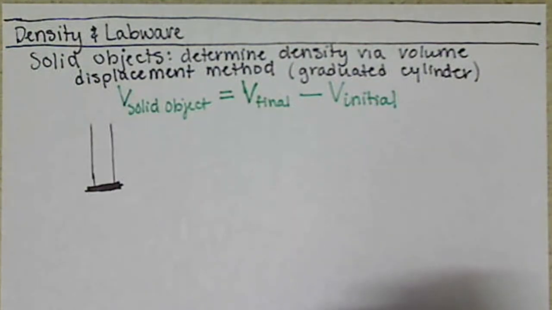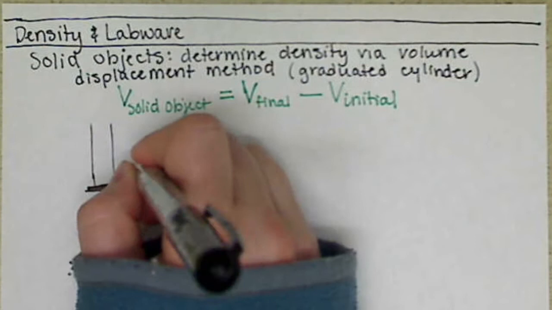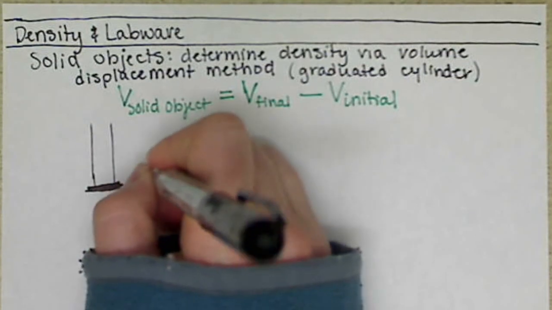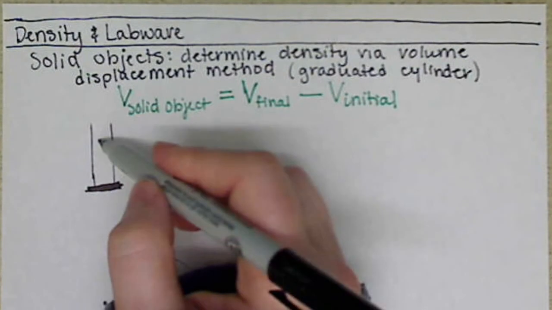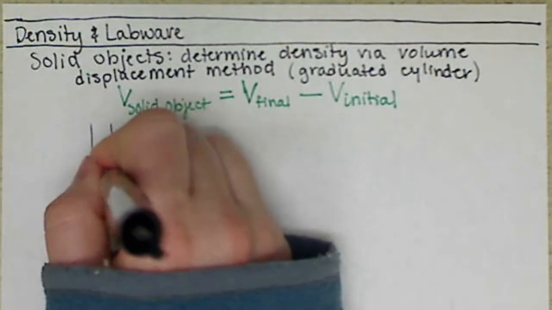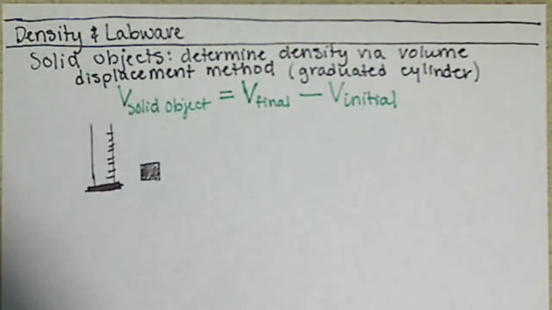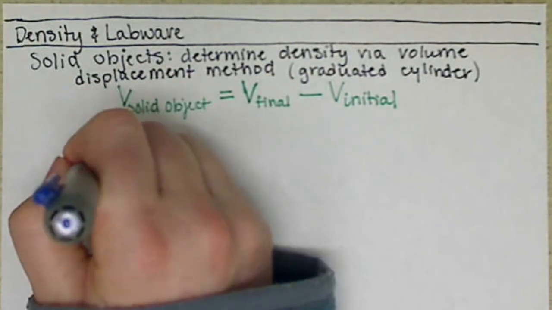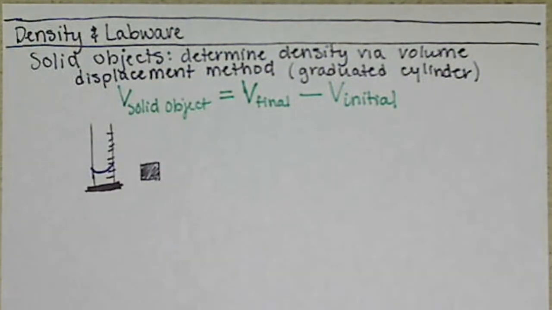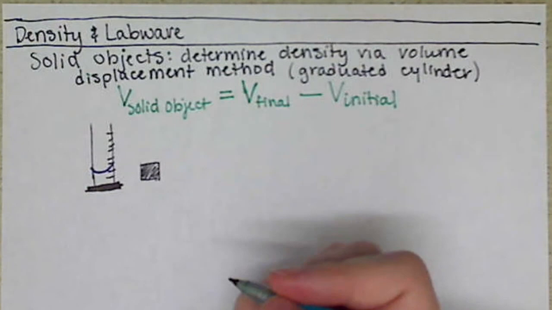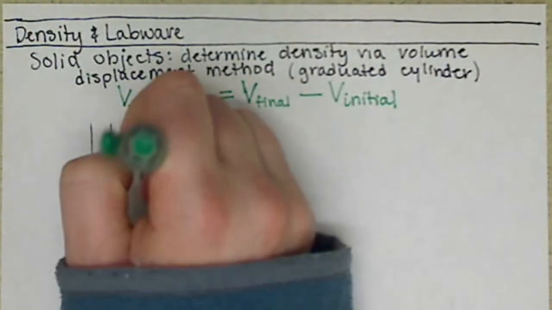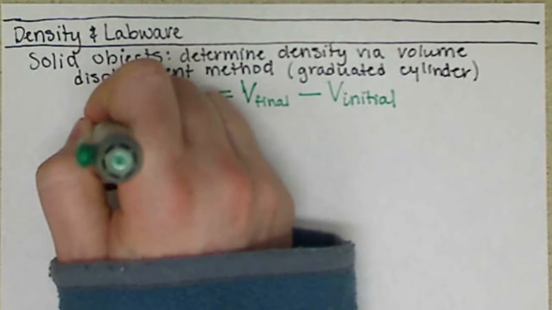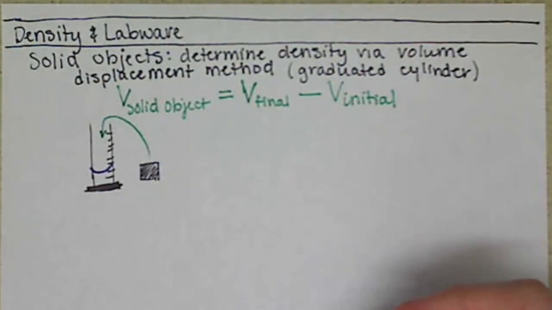we have our graduated cylinder, and we have some metal object. And what we want to do is get an initial volume reading on the graduated cylinder. And then we will put our solid object into that graduated cylinder.